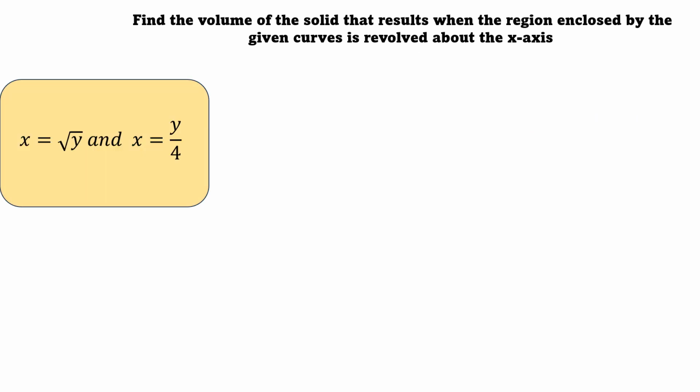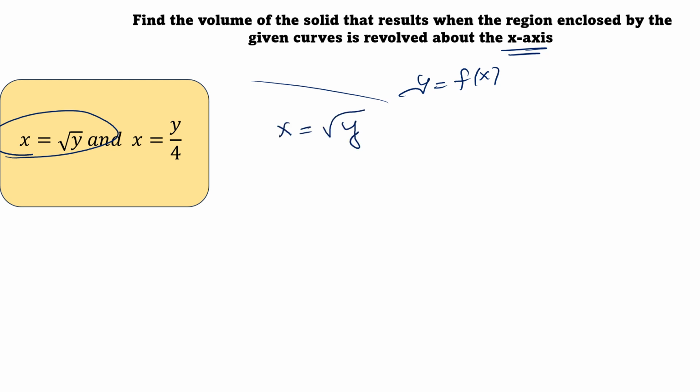Next question. Revolving around the x-axis, which means we should write y equals f of x form. Now the first equation is written as x equals root y, which I don't like because I have to write it as y equals. So I will take the square on both sides, and I will get y equals x square.